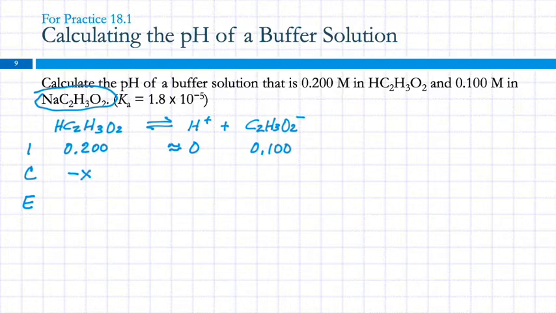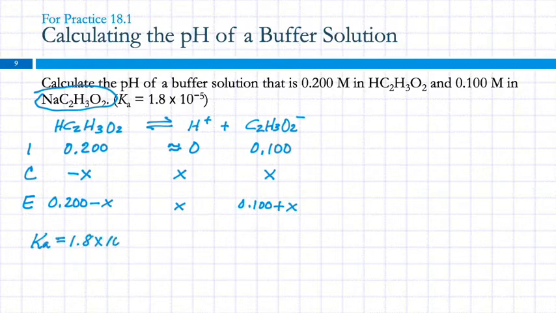So this will be minus X, plus X, and plus X. And then at equilibrium, we have 0.200 minus X, X, and 0.100 plus X. We can write our equilibrium expression, Ka, which here is 1.8 times 10 to the minus 5, equal to X times (0.1 plus X) divided by (0.2 minus X).